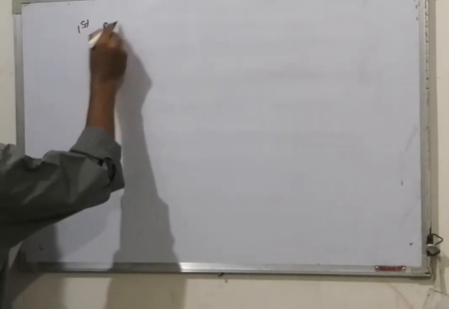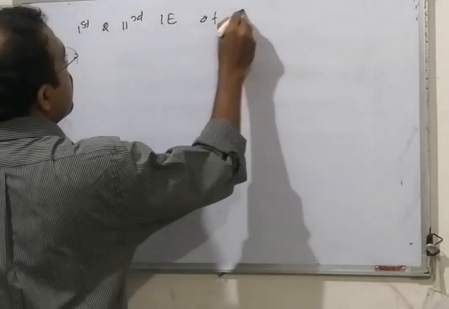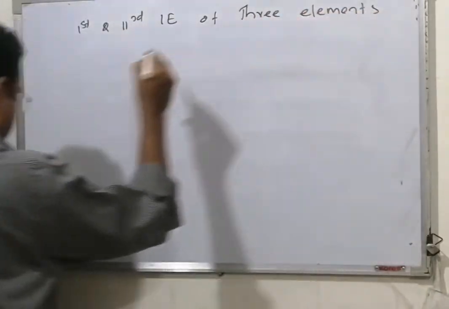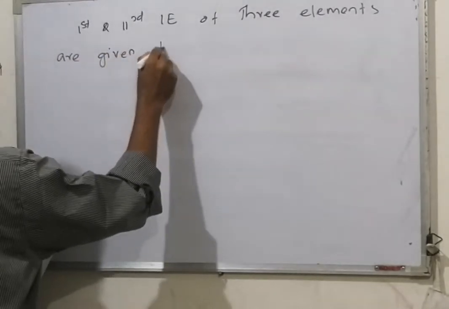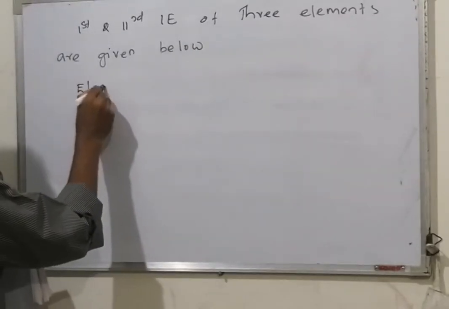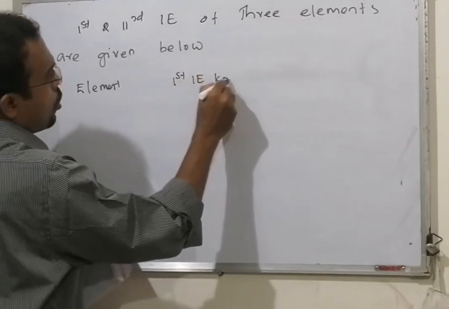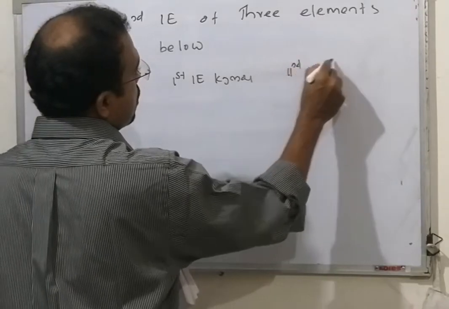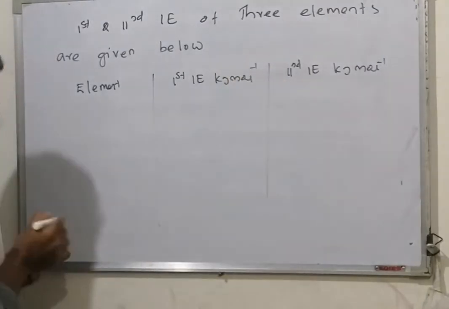First and second ionization energy of three elements are given below. Element, first ionization energy kilojoule per mole, second ionization energy kilojoule per mole. Okay.